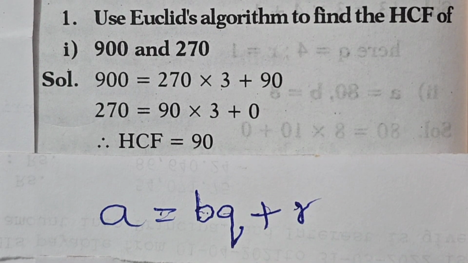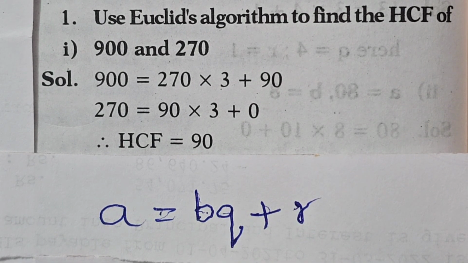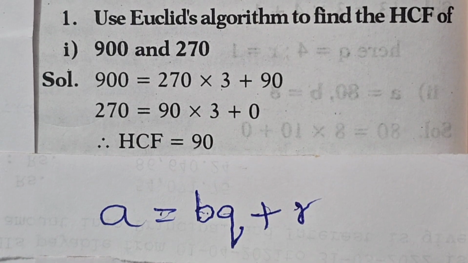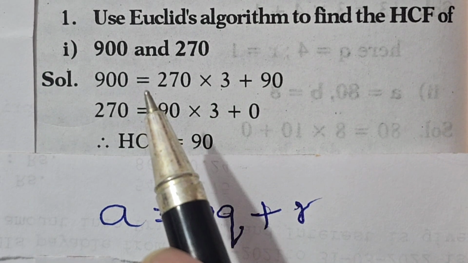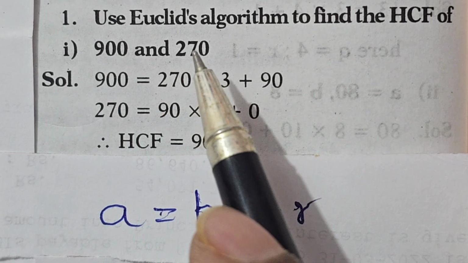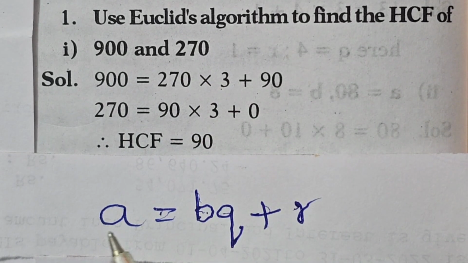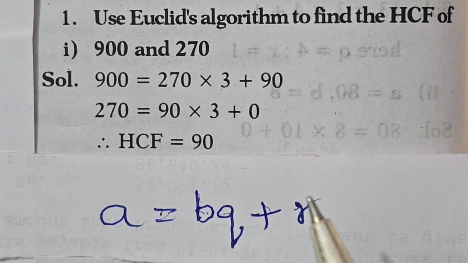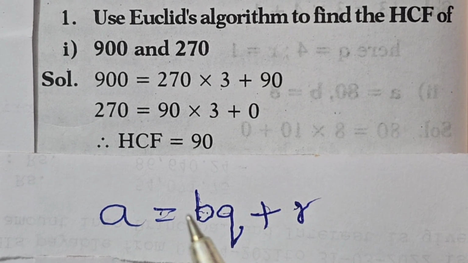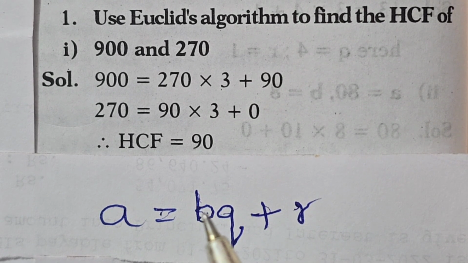Use Euclid division algorithm to find the HCF of 900 and 270. 900 is the a value, 270 is the b value. So we should write it in the form a equals bq plus r. When the remainder is 0, the b becomes the highest common factor.